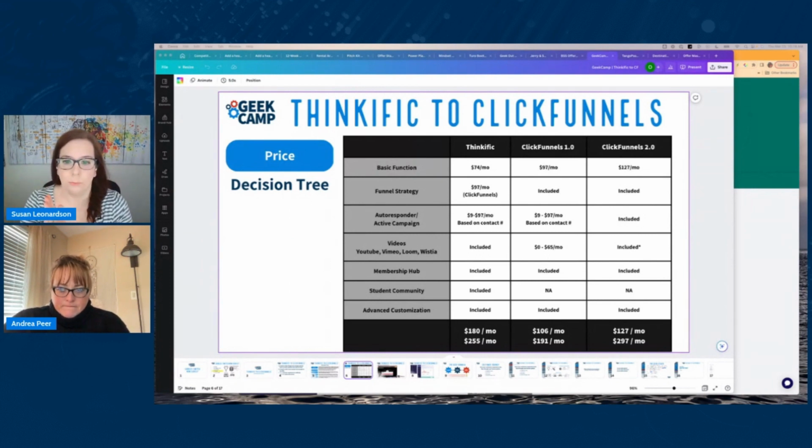So funnel strategy. I put funnel strategy on here because this is a huge key decision of, well, which one am I going to use? And our opinion is that Thinkific wasn't built for funnel strategy. Like Andrea said, you can make carts, you can make some pages, but if you want any sort of funnel strategy, like what Russell Brunson teaches, you cannot do it in Thinkific.